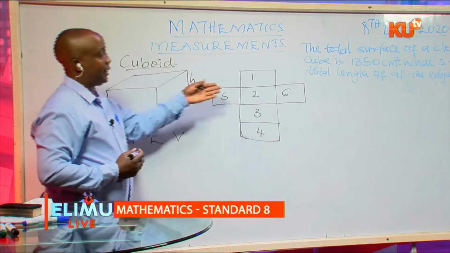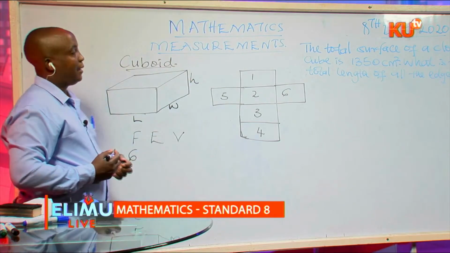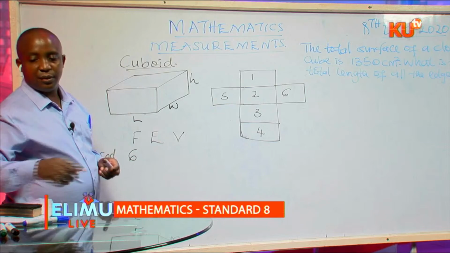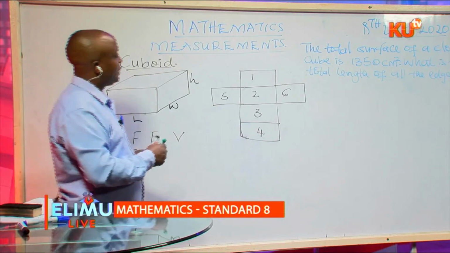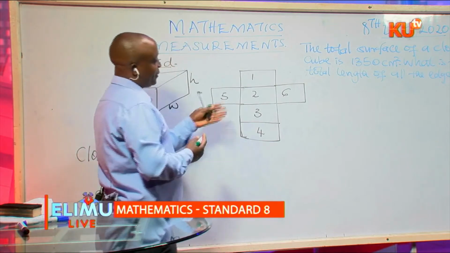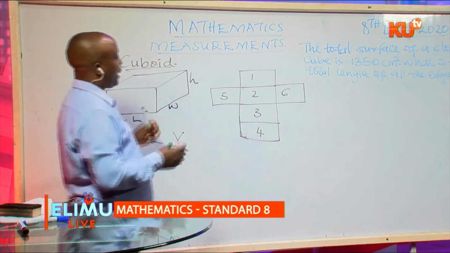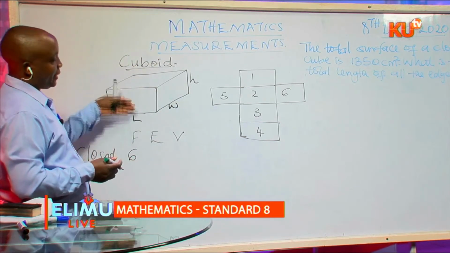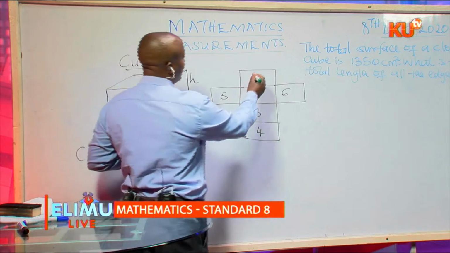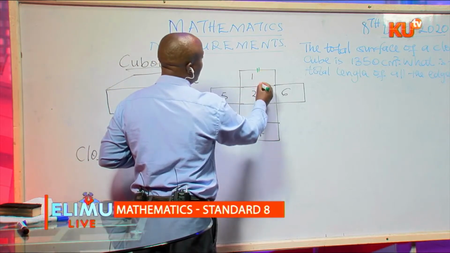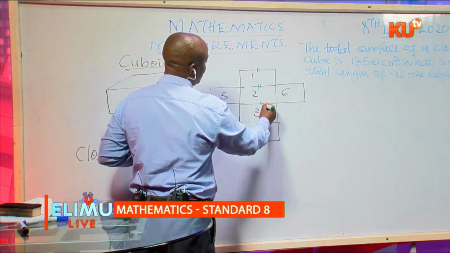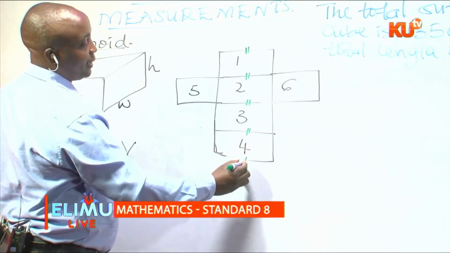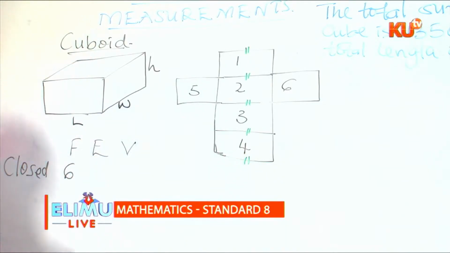Now what you'll notice about my net here, I want to take you through something very important. When you have this net and we fold it to have a cuboid like this one, we are going to have the following faces which are equal. This one will be equal to this, equal to this, equal to this, and equal to that.